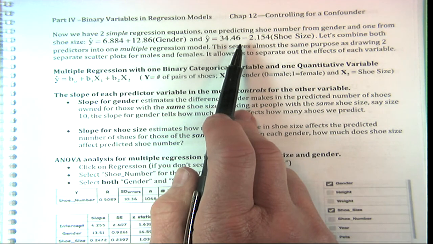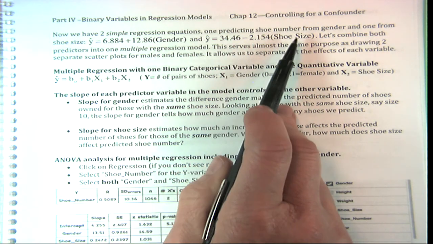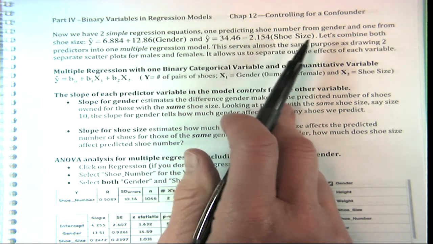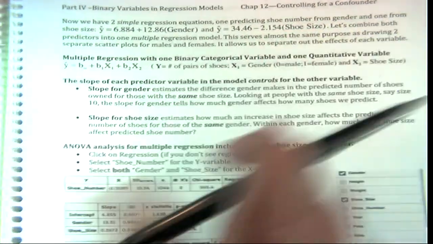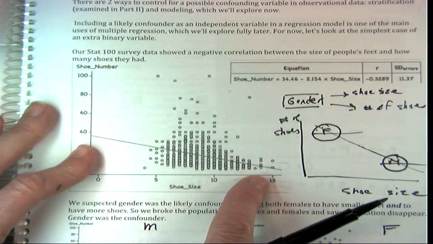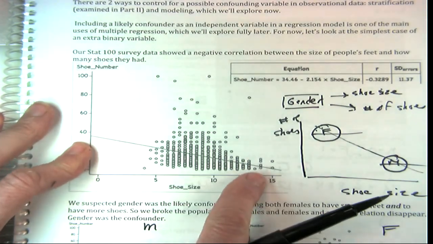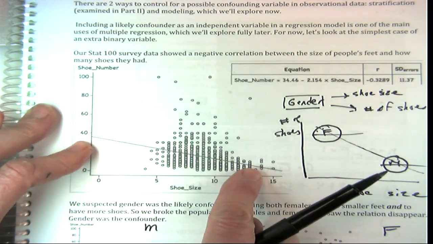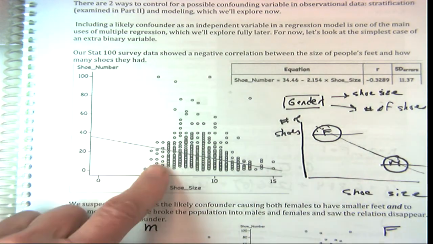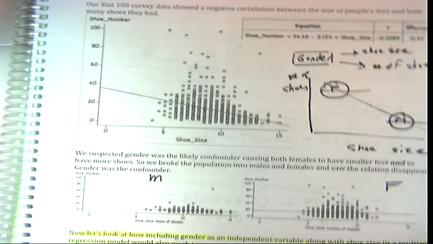And then we have this other effect. It's not so little, it's this one right here. It's this confounded one. It looks really big, but it's going to disappear. Once we put gender in, this slope of negative 2 point something is just going to disappear. And I will show you how that works.